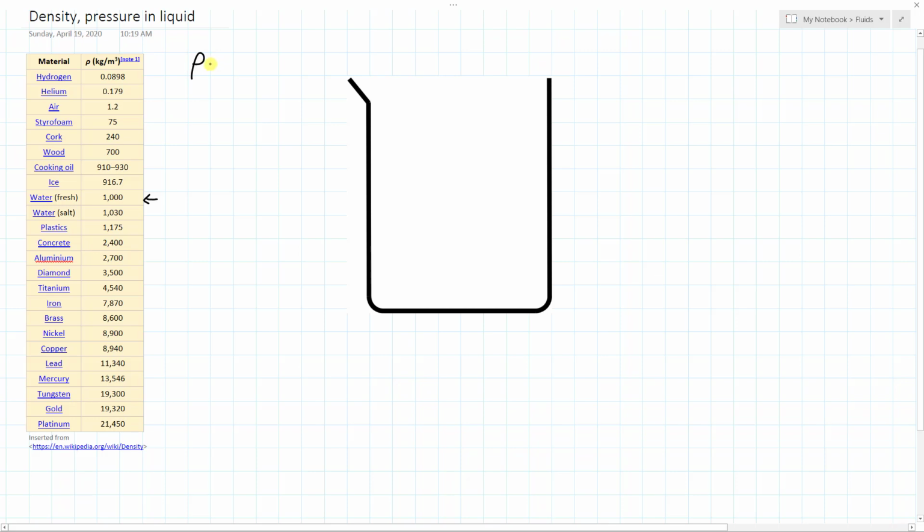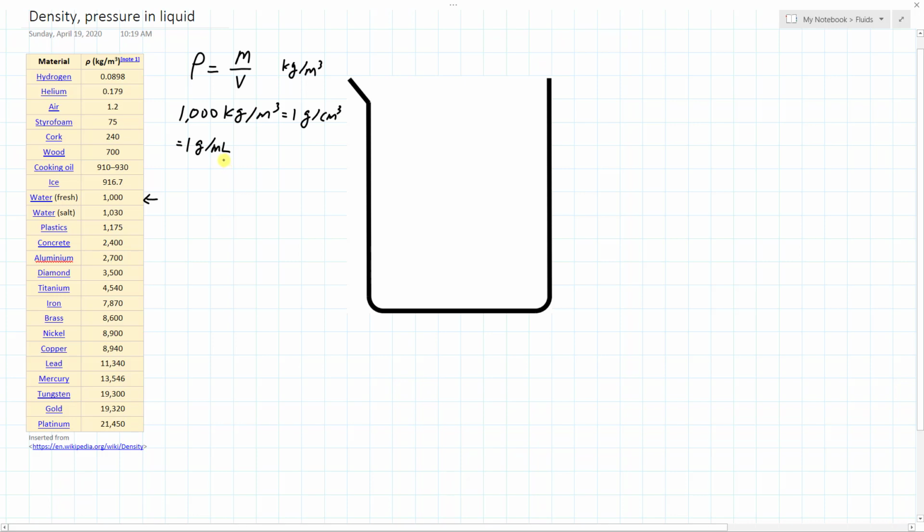Density is rho, and is defined as mass m over volume v, and this gives us the unit of kilogram per cubic meter. And 1,000 kilogram per cubic meter is actually equal to 1 gram per cubic centimeter, and that's the same as 1 gram per milliliter.